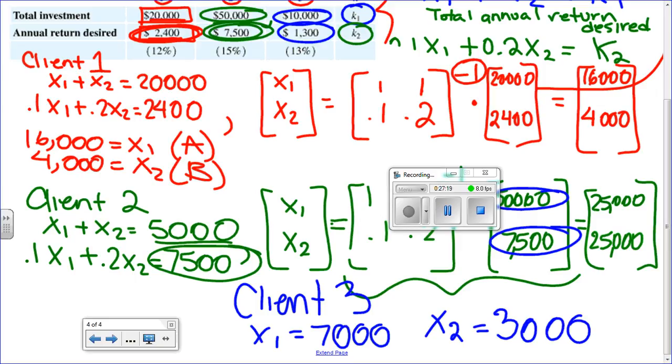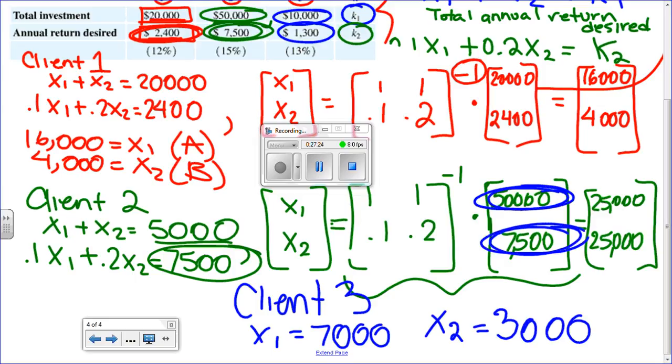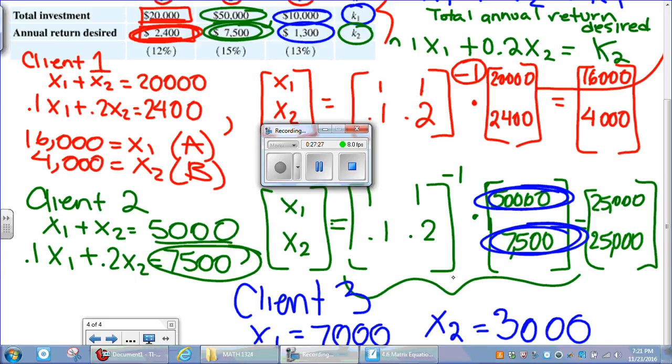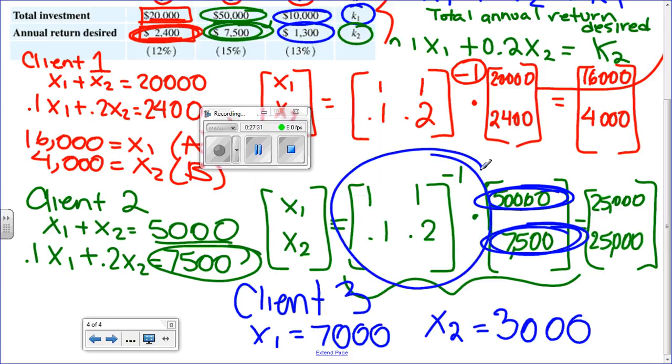If you want to solve it and set up your system, all you will have to replace is this quantity and this quantity, but the inverse will remain the same. You just replace 50,000 with 10,000 and 7,500 with 1,300, and then you should get the numbers that I'm showing you here.